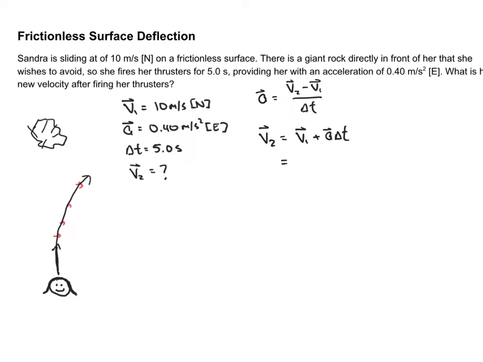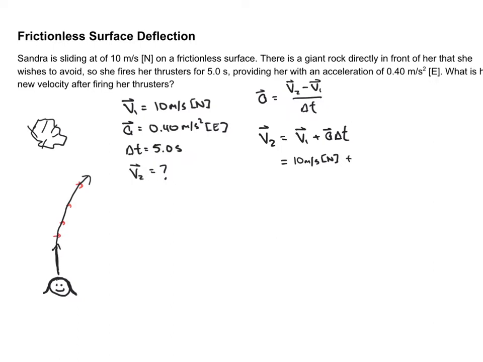I'm doing that more now just because the directions are in 2 dimensions. So I'll write 10 meters per second north. That's the starting velocity, plus this is going to be a change of velocity, acceleration times time.